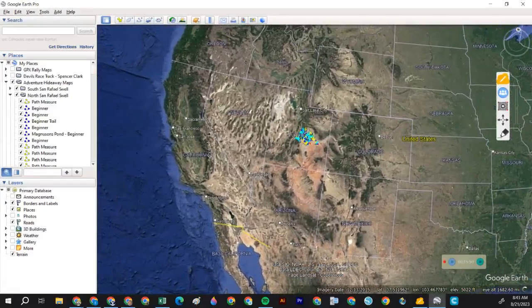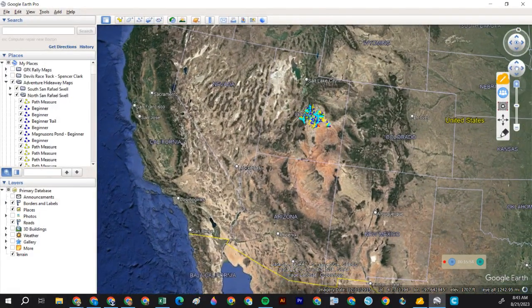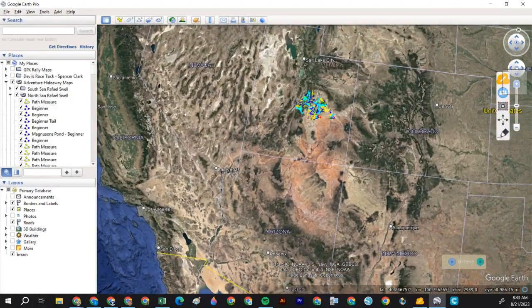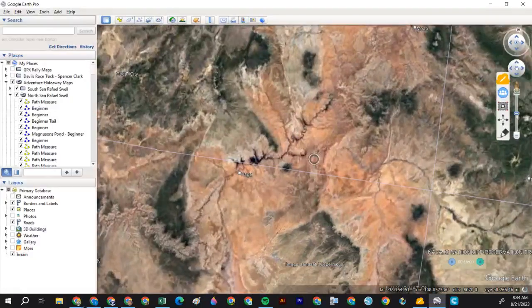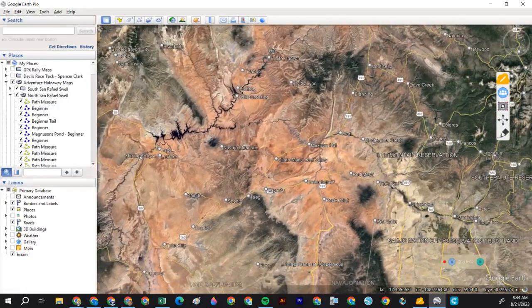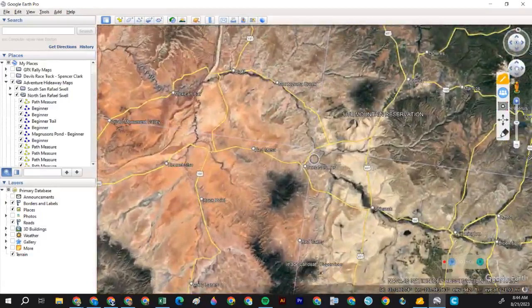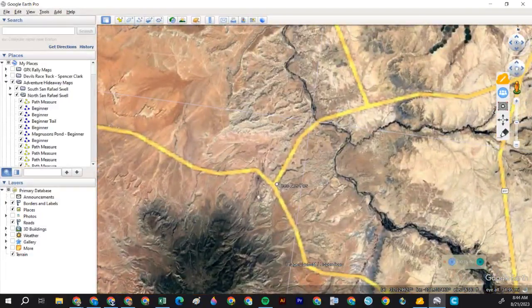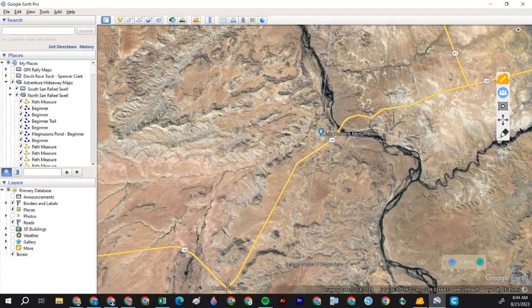So let's look at this. This is not working very well. There we go. All right. So a long time ago, we created the Four Corners Monument, right? And this was before GPS, and they got it pretty close.